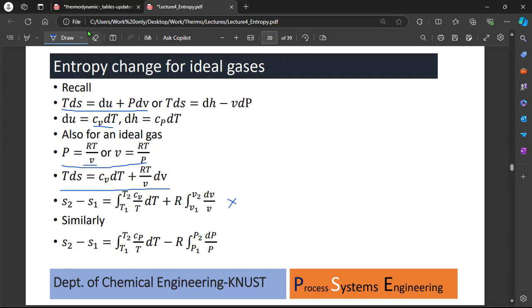In the same way, if we had worked with this expression instead, the dH minus VdP, and we follow the same format, we replace the dH with CP dT instead, and we replace the V with RT over P instead. We'd end up with this final expression down here.